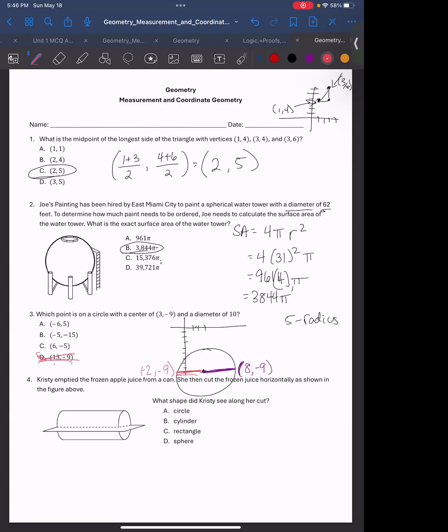Now, the next thing is we're looking at the other ones. So here I have when it's 6, -5. I'm going to give you some hints. I'm going to let you in on a secret. When making tests, typically, people who make these tests like to put 2 answers that are very similar.